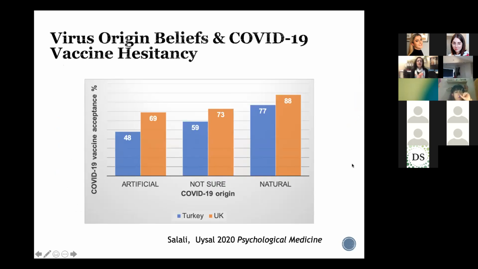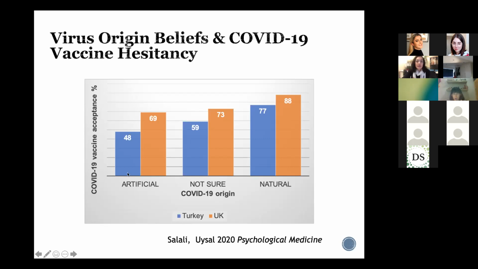What we found is that there was a very strong effect of virus origin beliefs on acceptance of a potential COVID-19 vaccine. If people believed in the natural origin of the virus, that it originated in wildlife, then they were more likely to accept a potential COVID-19 vaccination.